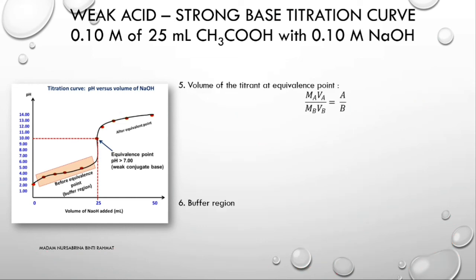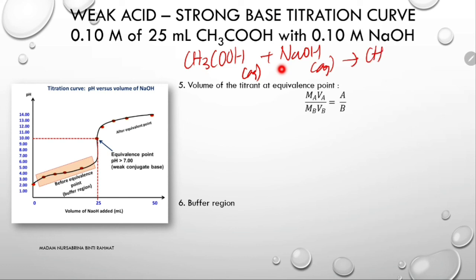Okay, so how do we calculate the volume of the titrant needed at the equivalence point? Let's rewrite our titration equation first as a guideline. One mole of ethanoic acid reacts with one mole of sodium hydroxide.